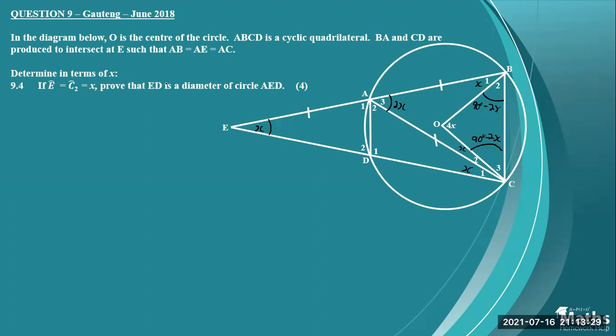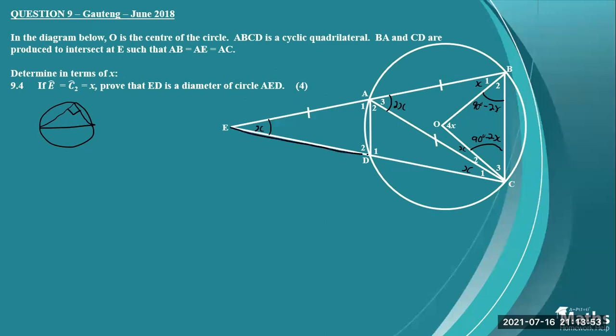Now, when is something a diameter? Something is going to be a diameter if it subtends a 90-degree angle, meaning if it lies underneath a 90-degree angle, it will be a diameter. So I like to see what must I try and prove. Prove that ED, so let's see where's ED.